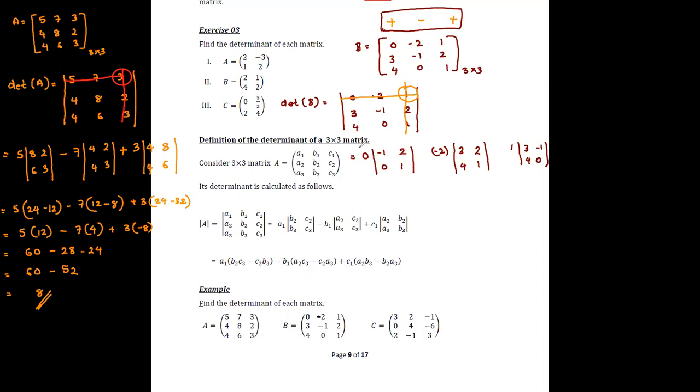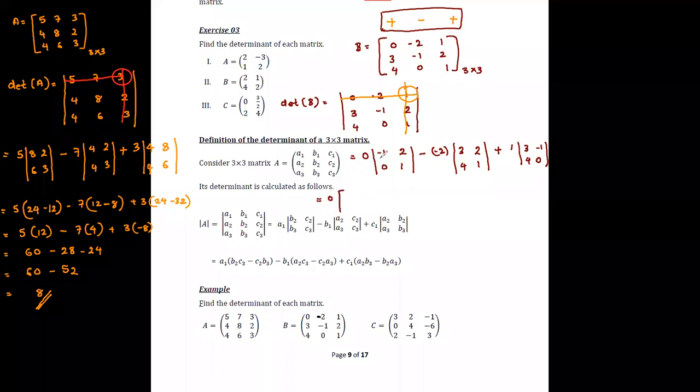Therefore, we can use this as +0, nothing changed. But here you have to use the minus sign, because the second term has to be connected with a minus sign. Then this has to be connected with a plus sign. Zero.